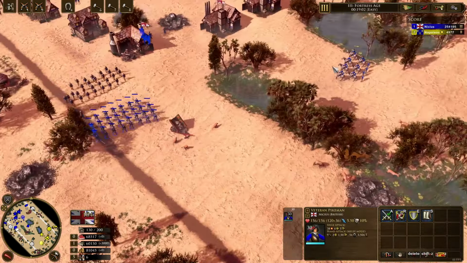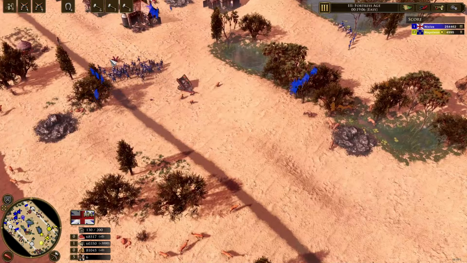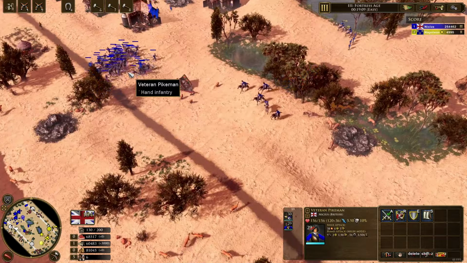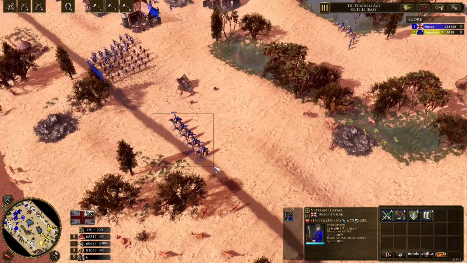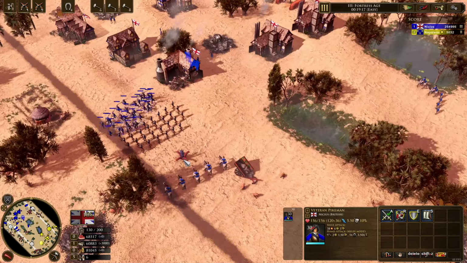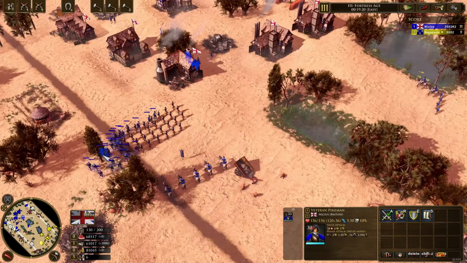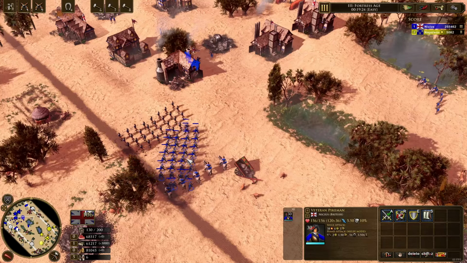So for example, if there is cavalry approaching, and your pikes are in the back, guess what's going to happen when you give the move command to the front? They're going to walk all the way back and try to make their way through the formation.